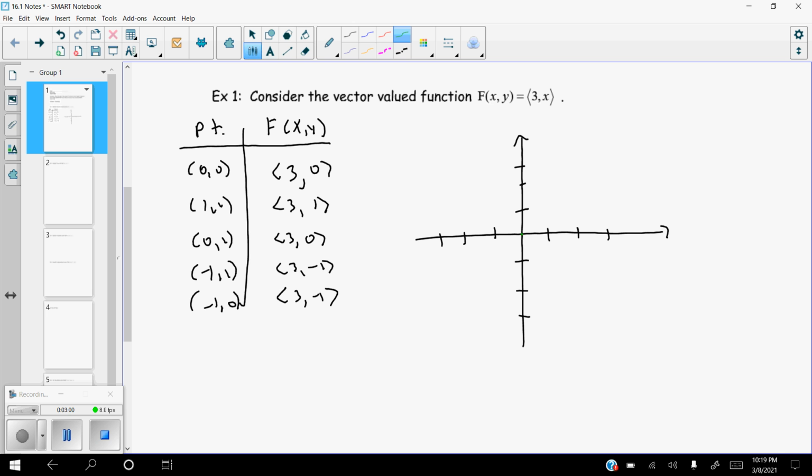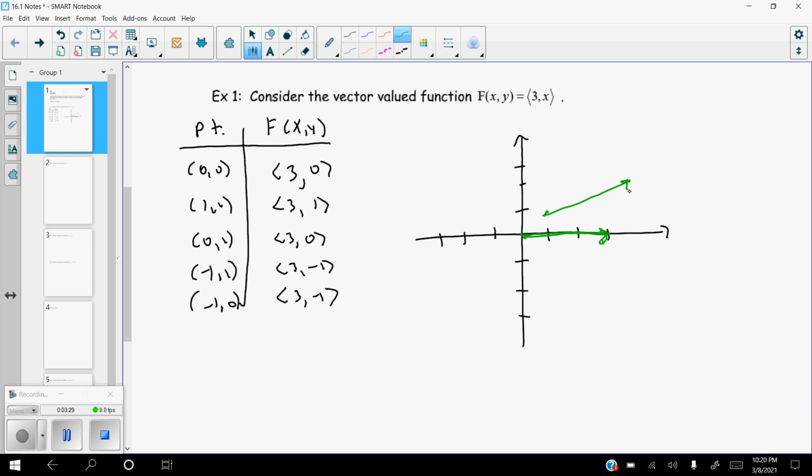So from 0, 0, it's going to go right 3 and stop. That's my first vector. From the point 1, 1, the vector is 3, 1. So from the point 1, 1, the vector goes right 3 units and then up 1 unit. I guess I should have gone out a little bit further. It's going to look something like that.